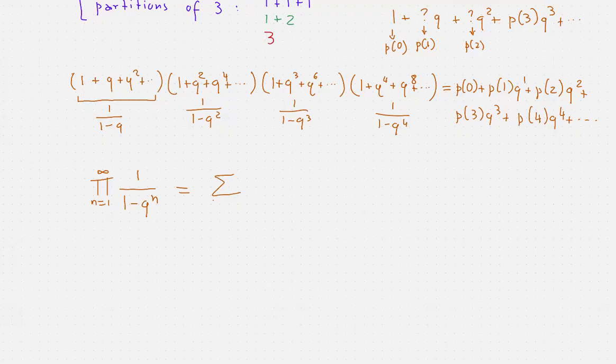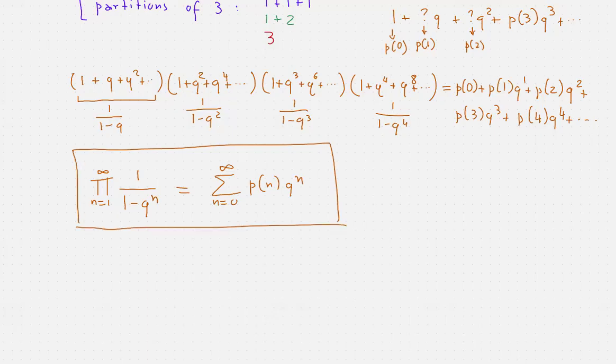This is an incredible formula, and you can argue that this formula is really the ancestor of all q-series. Moreover, it's pretty much the formula that gave rise to all considerations about generating functions and so on.